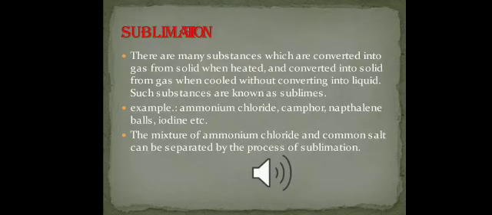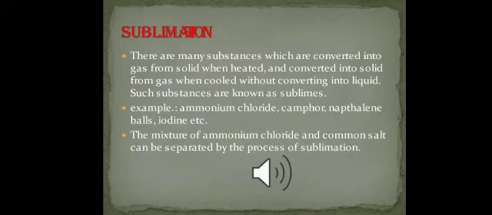For example, ammonium chloride, naphthalene balls, camphor, etc. A mixture of one sublime and another substance can be separated by using the method of sublimation. For example, the mixture of ammonium chloride and common salt can be separated using the process of sublimation.